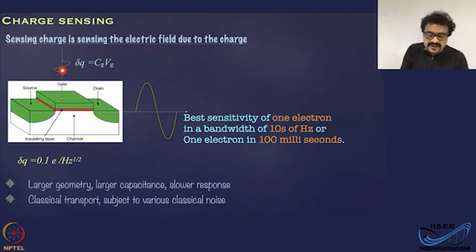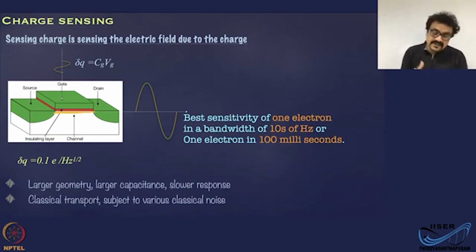You can apply a small wiggle on the gate, a voltage oscillation, which changes the charge, which changes the electric field felt by the channel, and that shows up as a change in the current through the system. That is the amplification you are getting. So you have amplified some charge oscillation delta Q in terms of the current or conductance of the system.